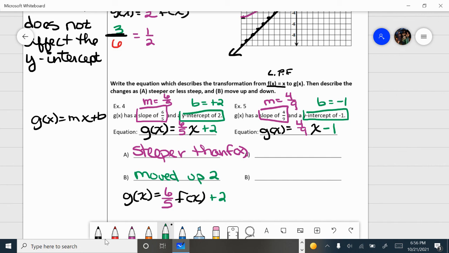So 4/9 is a fraction that is less than 1. Therefore, this new line is less steep than f of x. And because it is a -1, it has moved down 1.